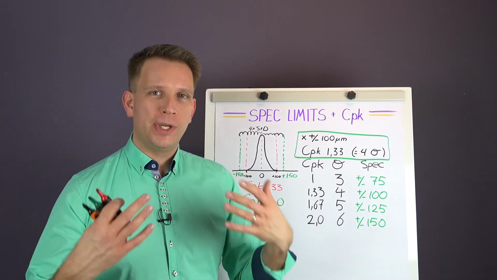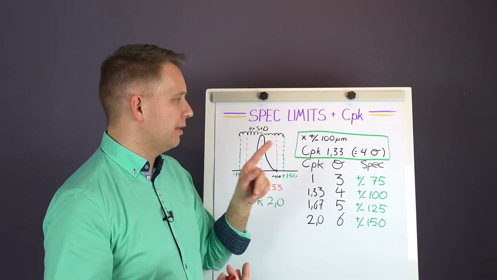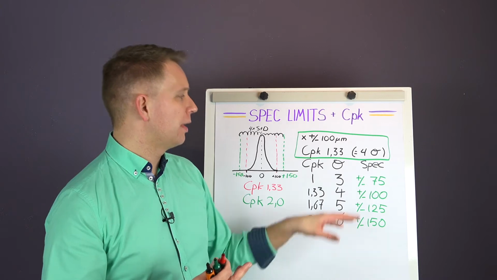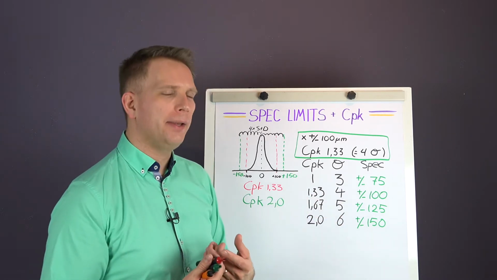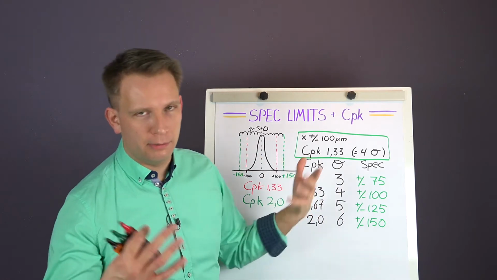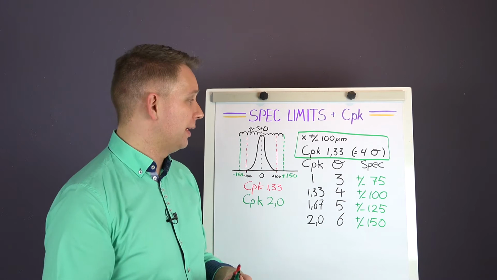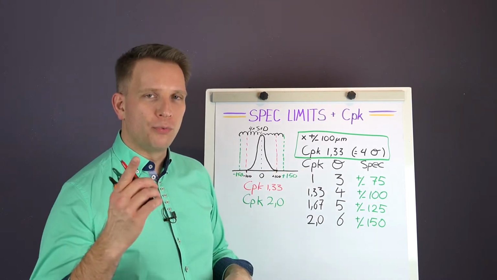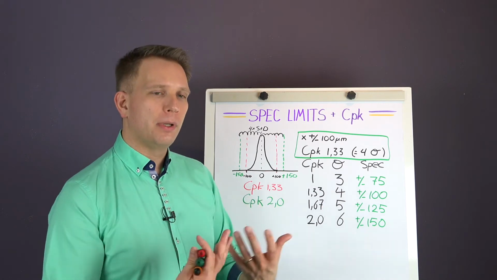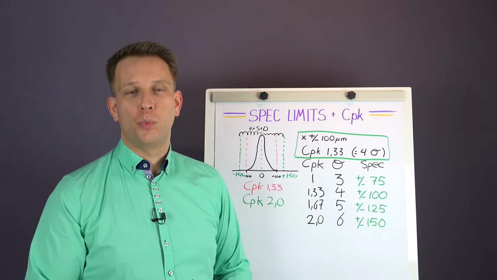So you know that your factory can make this, but your customer says, no, it has to be within 75 micrometers, then you can say, okay, well, we can do that, but we'll have a CPK of 1. So that means 99.7% is still in there, but a CPK of 1. And if they say, but we really demand a CPK of 2, then you say, okay, well, we can do that, give us a tolerance limit of plus minus 150.